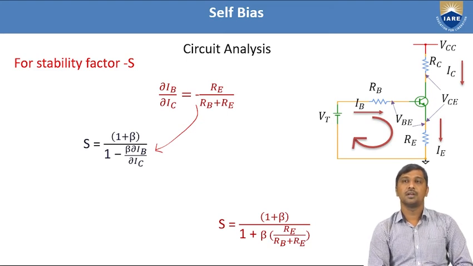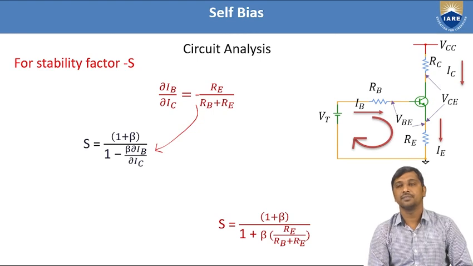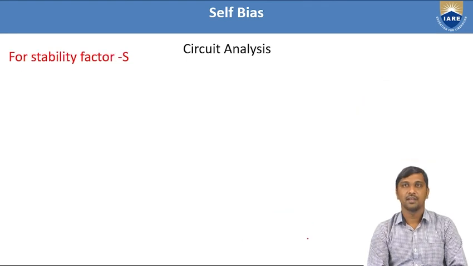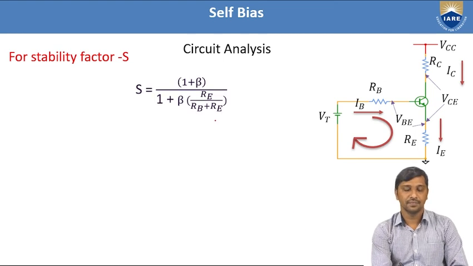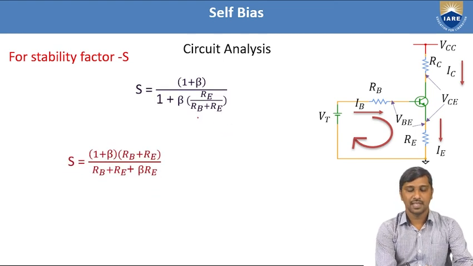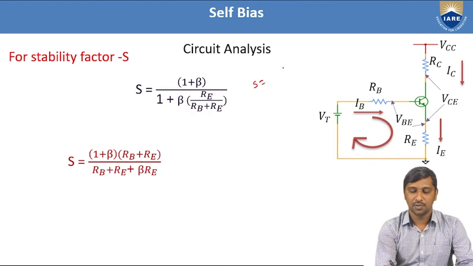Now we need to show how we get a good stability factor by using self bias. For this, I'm going to simplify this equation by taking the LCM. S is equal to 1 plus beta by, taking the LCM, RB plus RE plus beta times RE by RB plus RE.